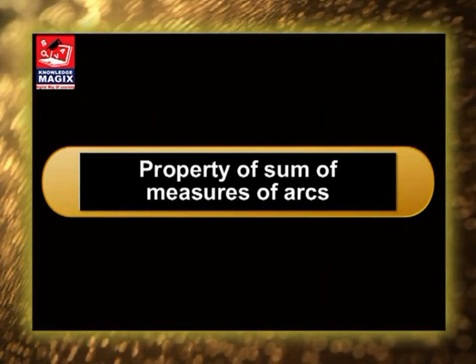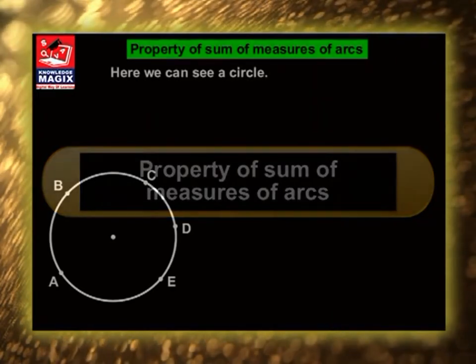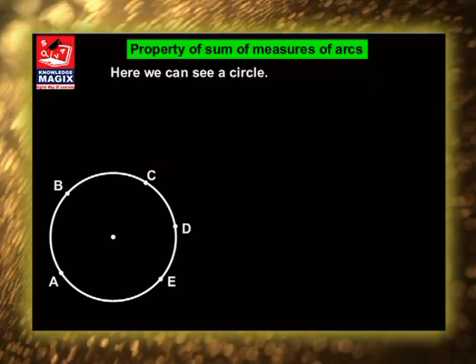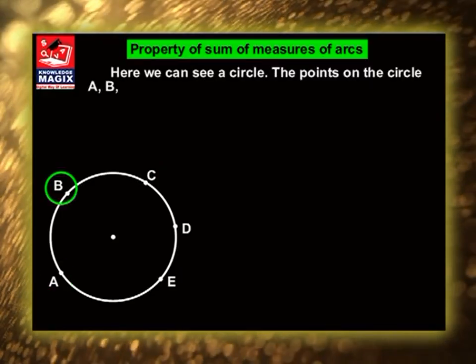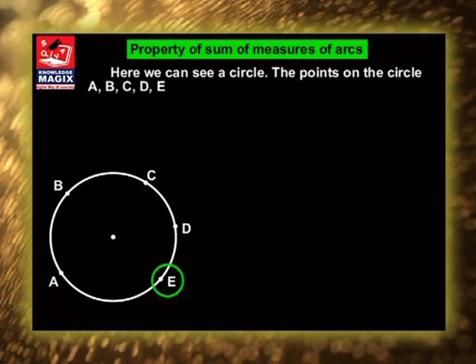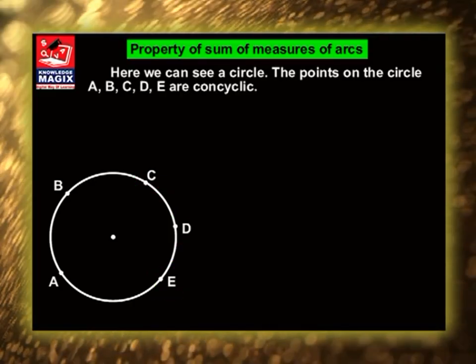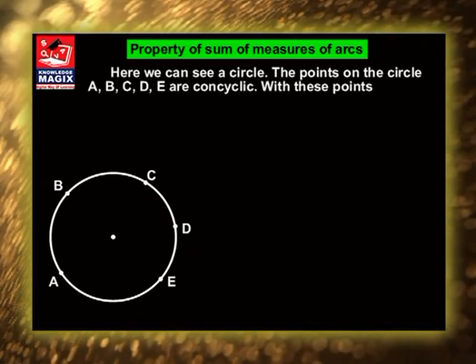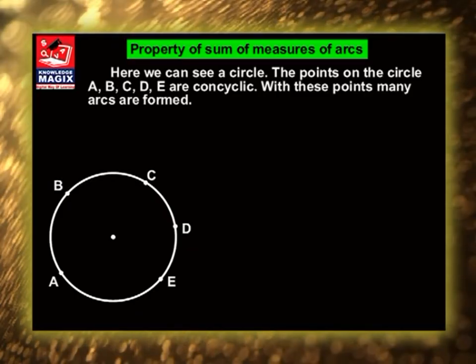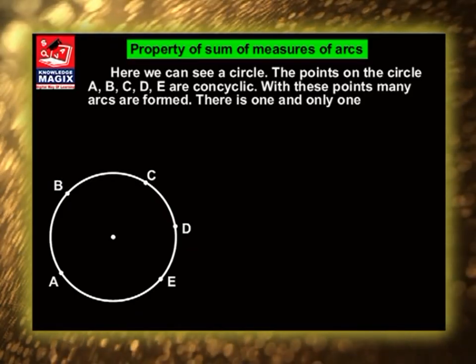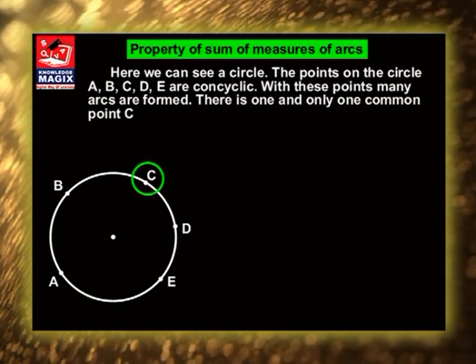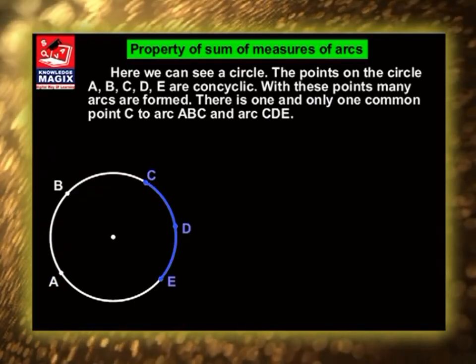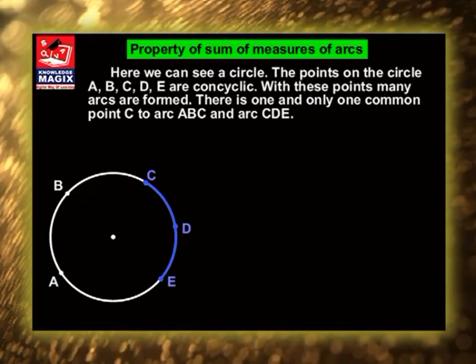Property of sum of measures of arcs. Here we can see a circle. The points on the circle A, B, C, D, E are concyclic. With these points, many arcs are formed. There is one and only one common point C to arc ABC and arc CDE.